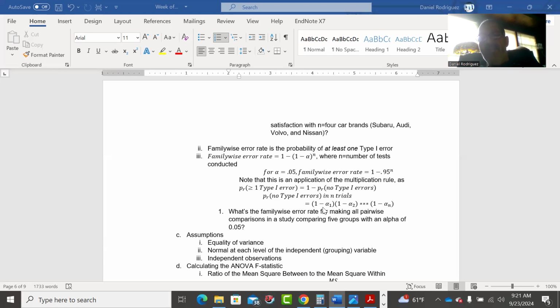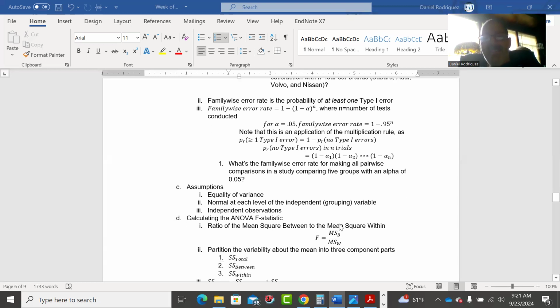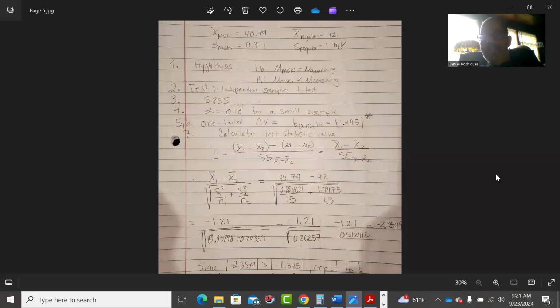So this is the probability of no false positive results in all of those trials. Well, the probability of making at least one would be the complement of making none. So that's where we get the 1 minus. That's wild, huh?